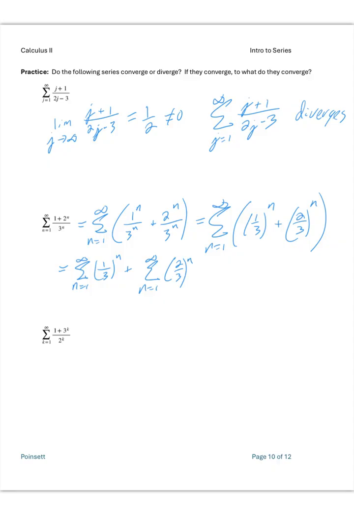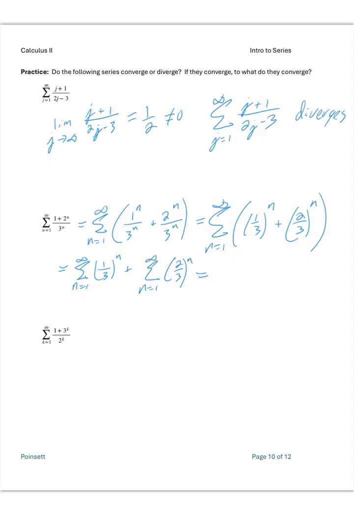And since those each converge, we can find their sum. Remember the sum formula is c over 1 minus r. These are our r values, our common ratio. However, c is not 1 because the lower bound here is 1. So c again just represents the first term of the sum. So whatever your first n is, plug that in, and whatever term you get, that is your value of c.